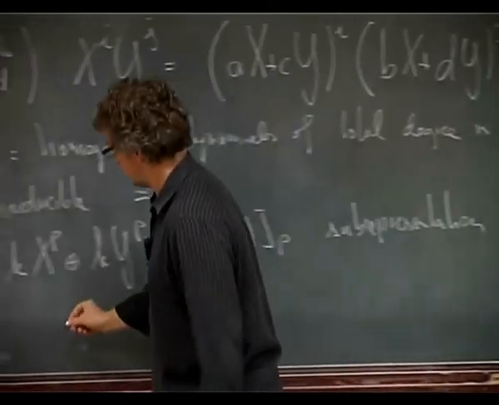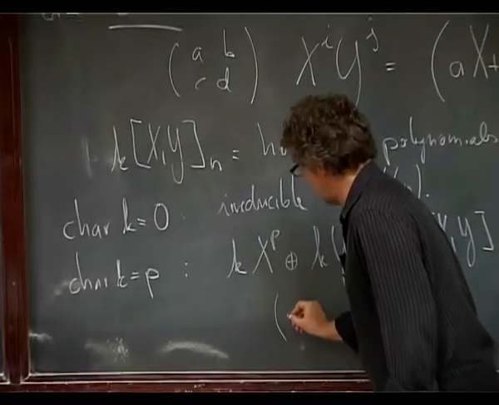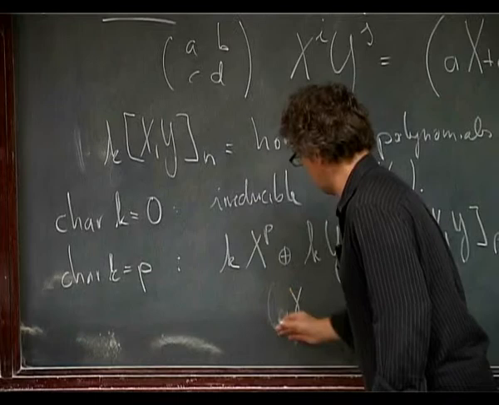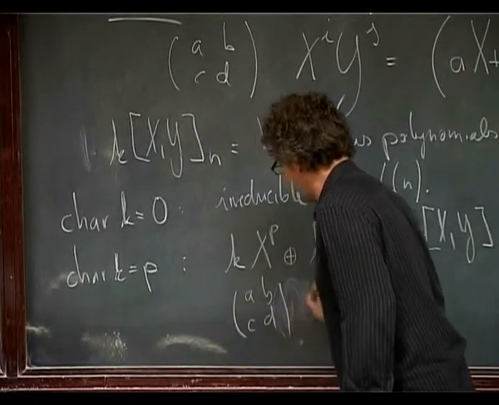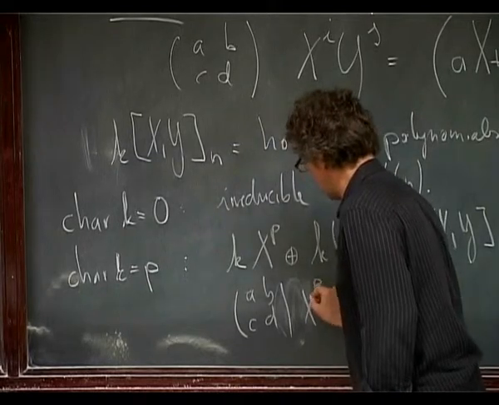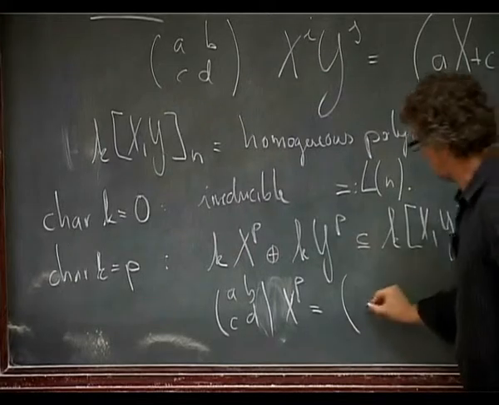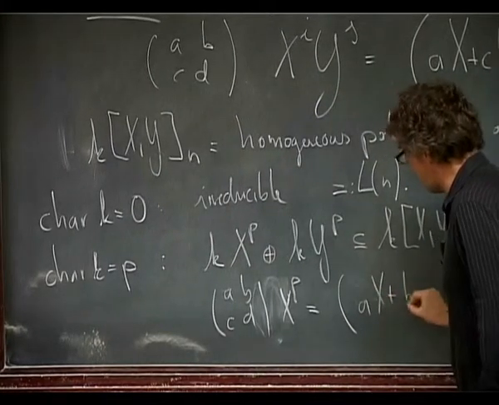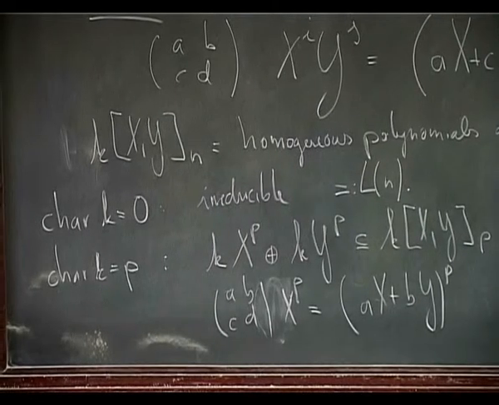Well, just because if you look at this formula, for example, if you apply (a b; c d) to x^p y^0, then following this formula, you have (ax + by)^p, and the pth power is an algebra homomorphism.